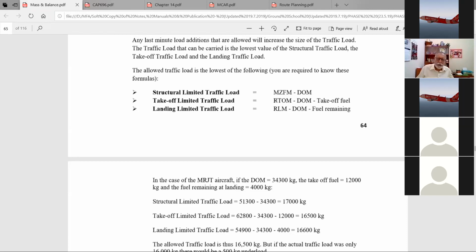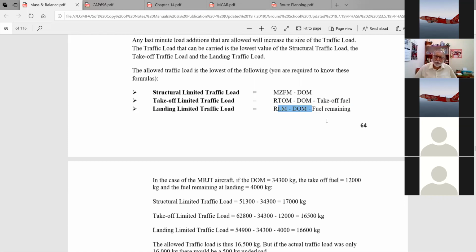What is the definition of regulated takeoff mass? Anybody? What is regulated takeoff mass and regulated landing mass? Do you all remember? Regulated takeoff mass is the lowest of the performance limited and structural limited takeoff mass. So if that is not given, then for regulated you take the structural one. So that minus DOM minus takeoff fuel.